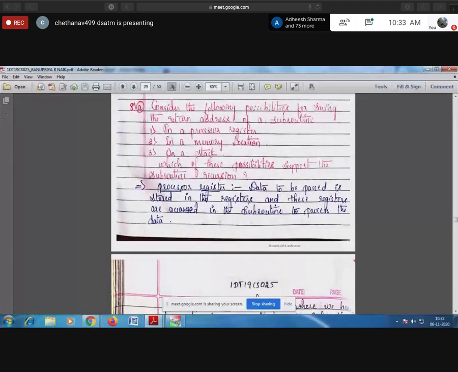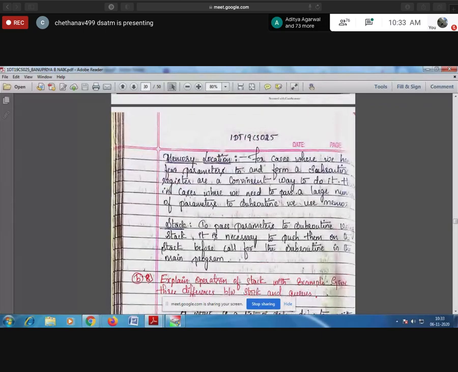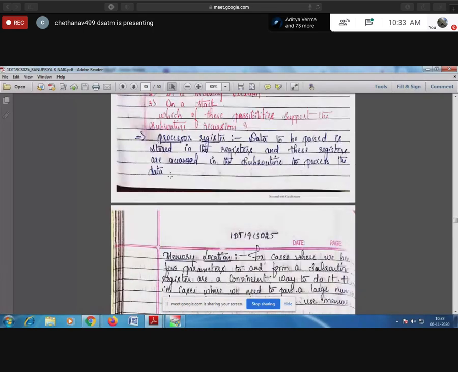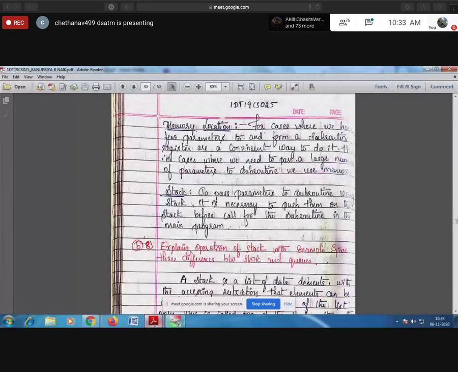I think I've given a neat answer for this question. You can keep the data in the stack by pushing the data. In a memory location we can keep the data, and even in a processor register you can keep the data. All are possible.